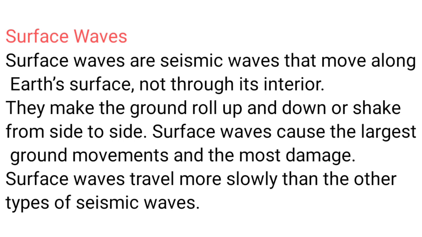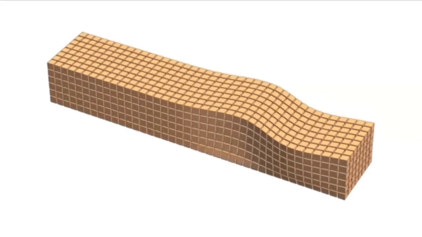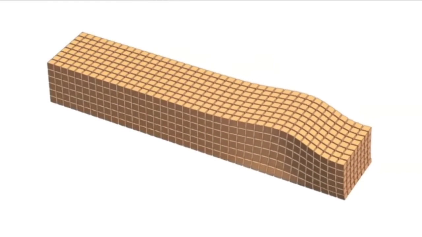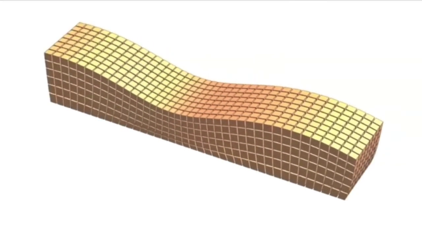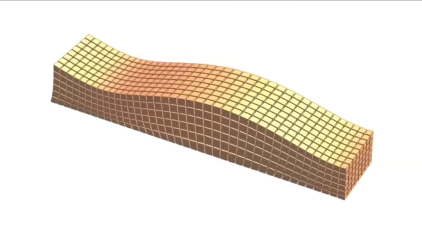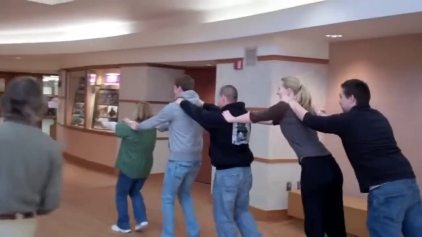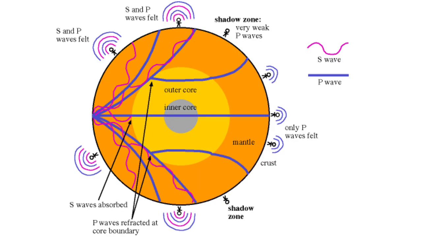Here you can see the surface waves move sideways, horizontally, and also in a rolling manner, which causes widespread damage on the earth's surface. For a better understanding of the seismic waves, I recommend you see the video by Dr. Keith Miller. A link is provided in the description.